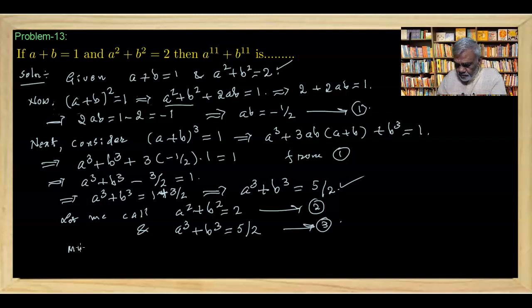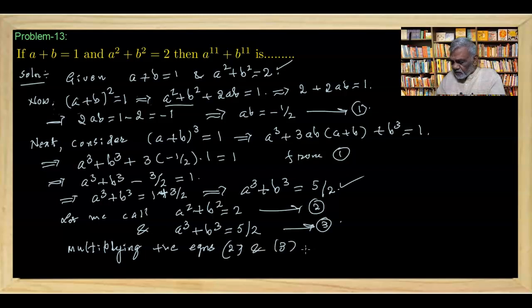Multiplying the equations 2 and 3, we get a square plus b square into a cube plus b cube is equal to 2 into 5 by 2.